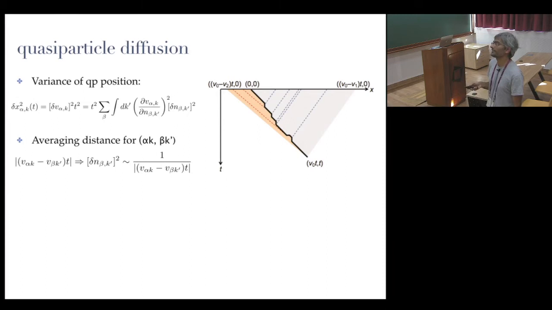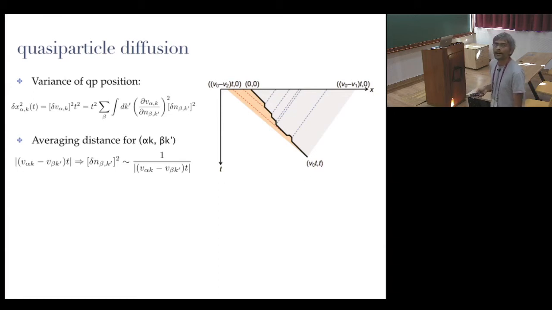And as I said in the previous slide, a really important thing is you need to figure out what range to average these fluctuations over, and that's given by this distance: the velocity difference times t, which measures the typical range of other quasiparticles you've encountered on timescale t.